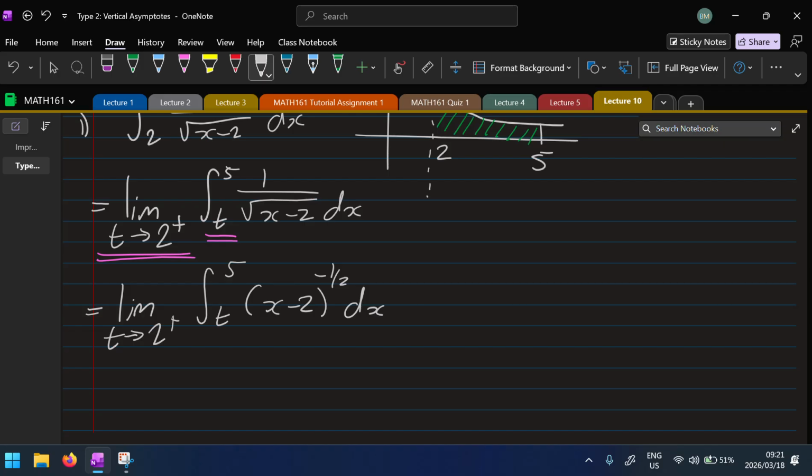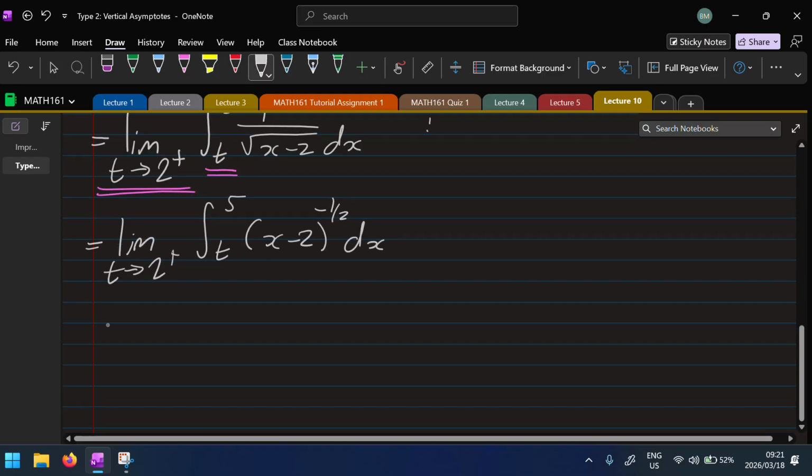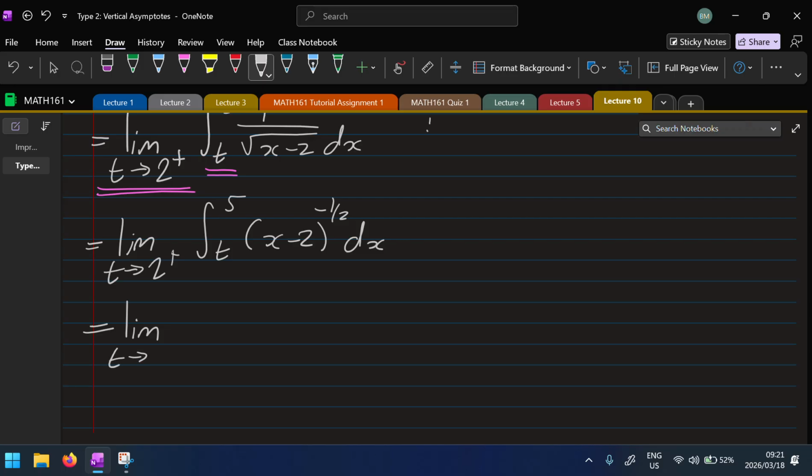Okay, we treat it like a normal integral. I'll let you fill in the details, but same thing as we did before. Add 1 to the exponent, divide by that. Okay, normal integral. So if you need to do a u substitution, you fill in the details on the side. So we have limit t goes to 2 plus. This will be 2 root x minus 2.